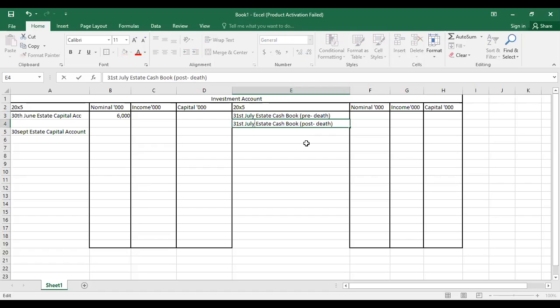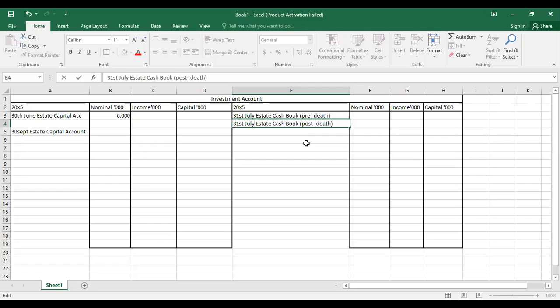So same treatment. What will be the interest pre-death? How many months are there between 31st January and 31st July?